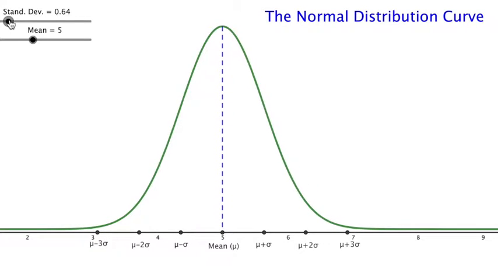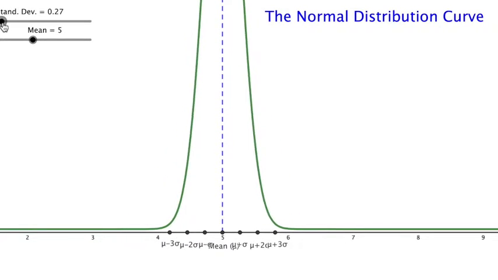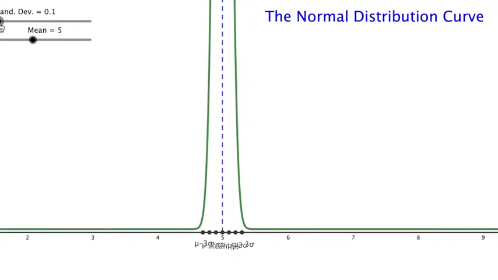So as we make the standard deviation smaller, the curve is going to get narrower. The 1 standard deviation away, the 2 standard deviations away, and the 3 standard deviations away are going to get closer to the mean also. And eventually it's just going to go off my graph and create this really tightly packed bit of information.